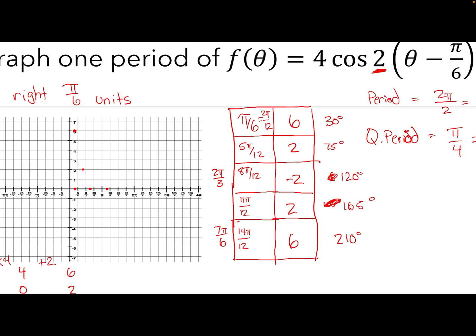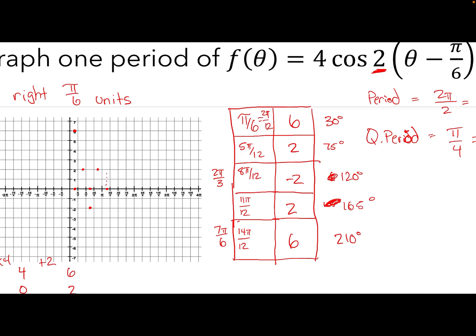At 2 pi over 3, we need to be at negative 2. Now we're using these values on the x-axis as little barometers for where we need to be. 11 pi over 12 is a halfway point like here. So at 11 pi over 12, we need to be back at 2. So we'll put that point right around there.